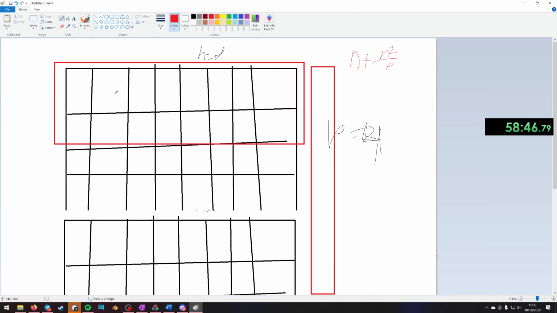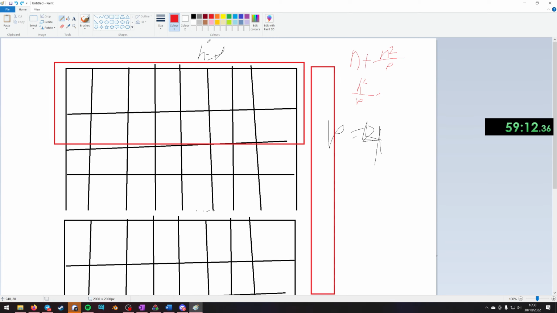As for the amount of calculations, I need to do a calculation for every single field in here, which is n squared over p. I also need to add them up. Instead of one calculation for every field, I need one for every line here, because the line is where two fields get added.